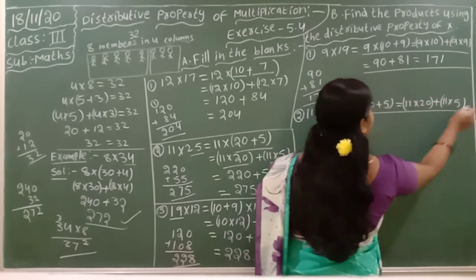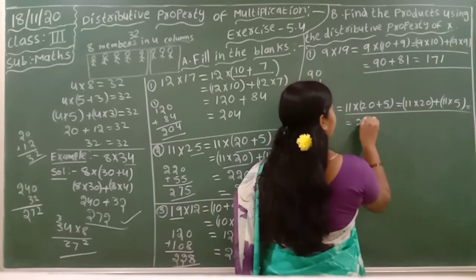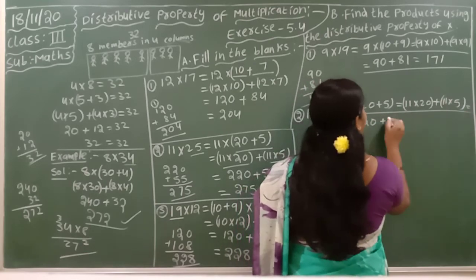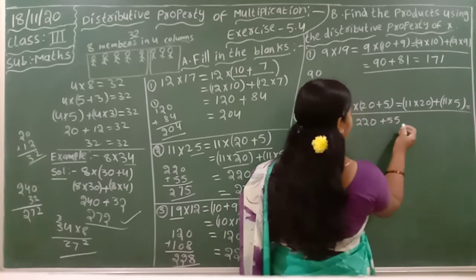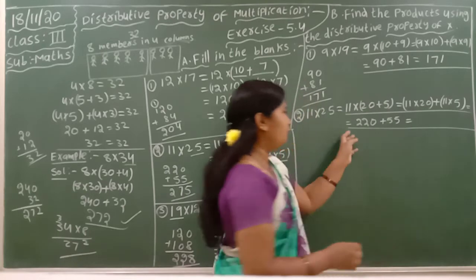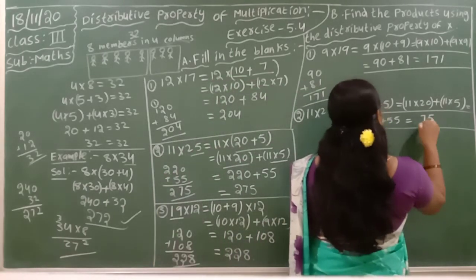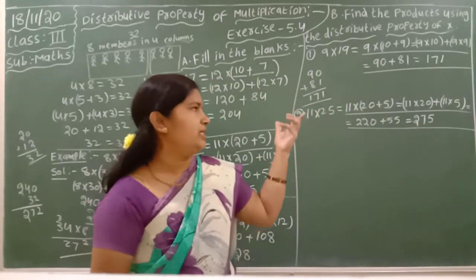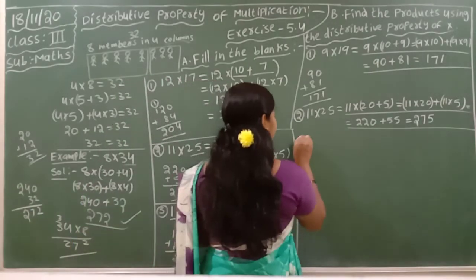Here place not there means I am continuing here. 11 2s are 22. 11 into 0, 0, plus 11 5s, 55. You have to add these two numbers. Okay? 220 plus 55. 0 plus 5, 5. 5 plus 2, 7. 2 as it is. The answer is 275.